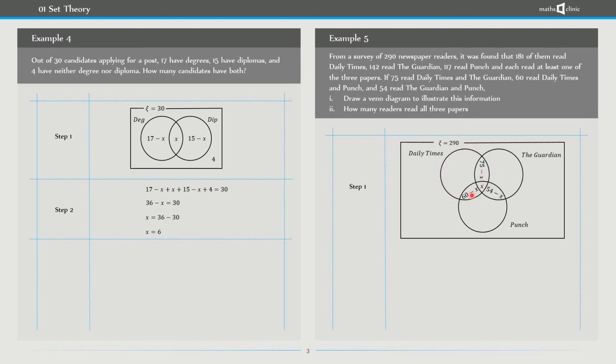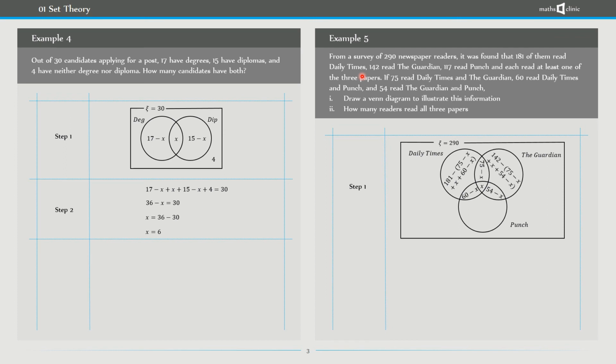So far this circle contains 75 minus X, it contains X, and it contains 60 minus X. So to find what you'd have here, you subtract everything, 75 minus X, X, and 60 minus X, from 181, because the whole circle represents the 181 people that read the Daily Times. So you have 181 minus 75 minus X plus X plus 60 minus X, subtracting all of it.